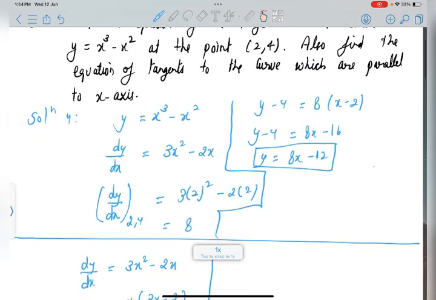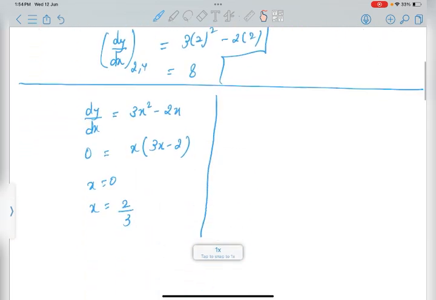Okay, so now we have to make the equations. So if x is 0, so y is also 0. Means at x equals 0, the slope of the tangent is 0, parallel to x-axis.